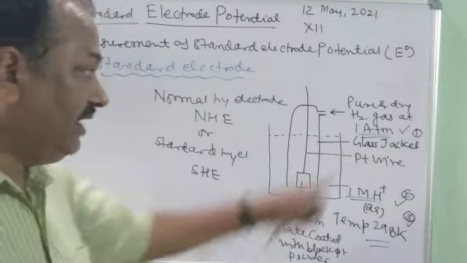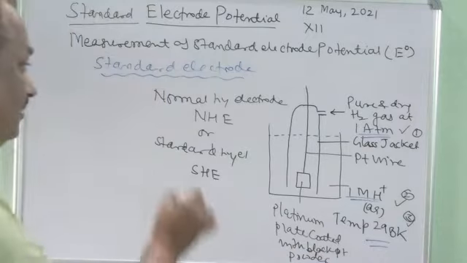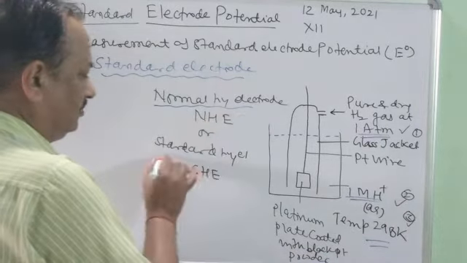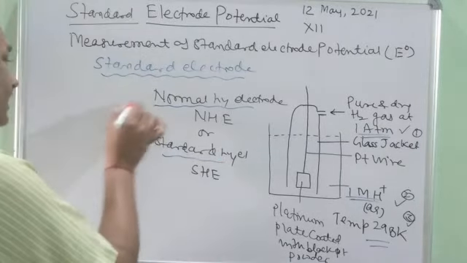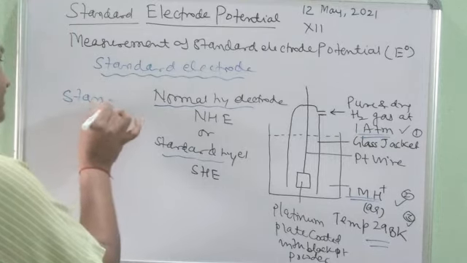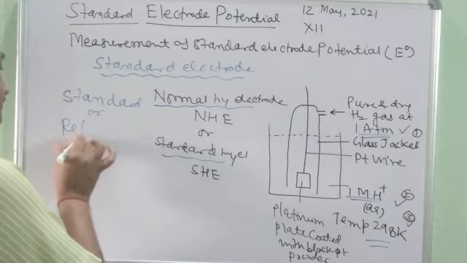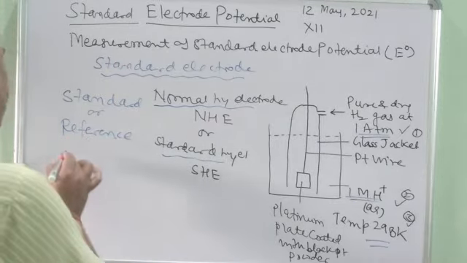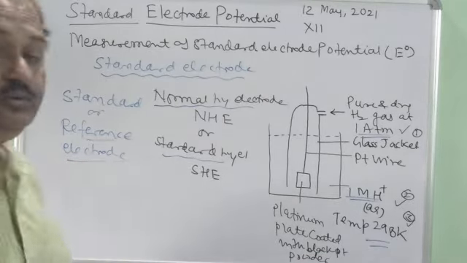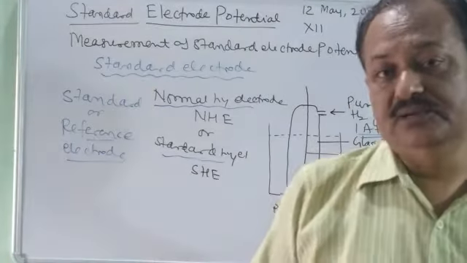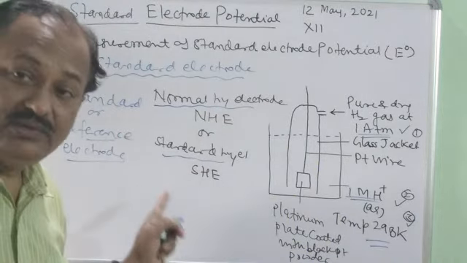So the question is, why do we pass the hydrogen gas? Children, it is the normal hydrogen electrode, with normal conditions of hydrogen, or it is a standard electrode, and more precisely or scientifically we call it a standard or reference electrode. Reference electrode means the electrode potential of any unknown electrode is determined or calculated using this only.